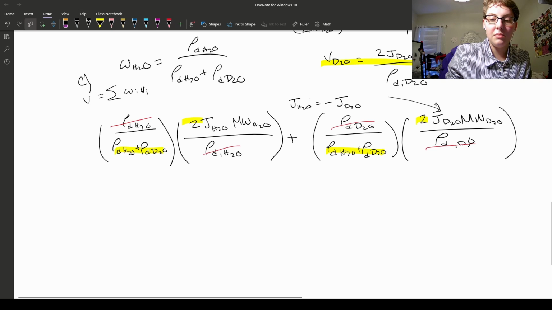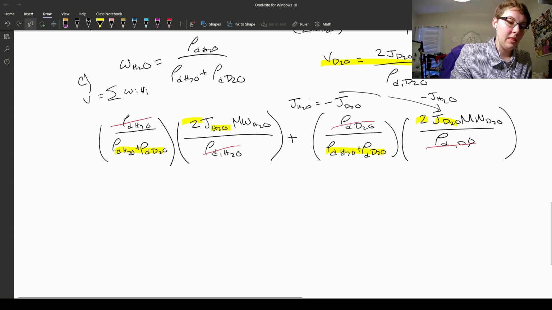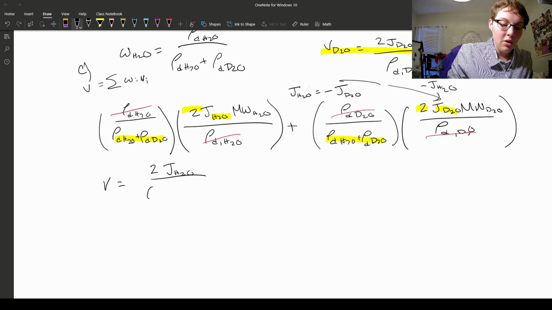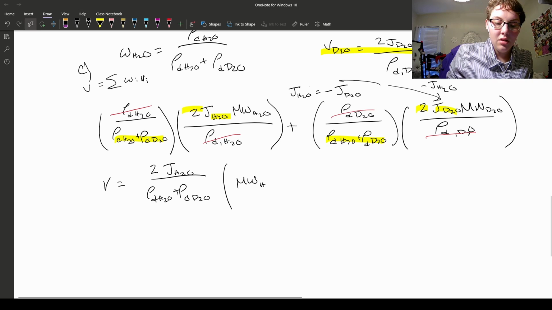Using that identity, we can substitute this in as a negative H2O, so that we can also go ahead and pull that out, leaving us with the total mass velocity is equal to 2 times the molar diffusive flux of H2O over the sum of the densities times the molecular weight of H2O minus the molecular weight of D2O.